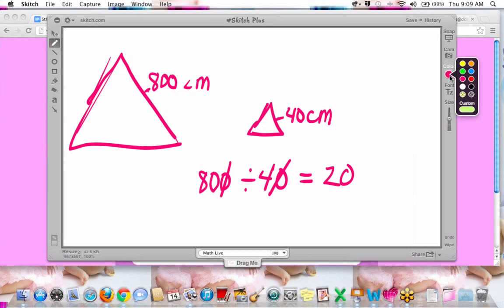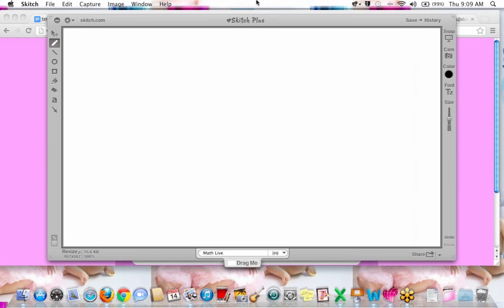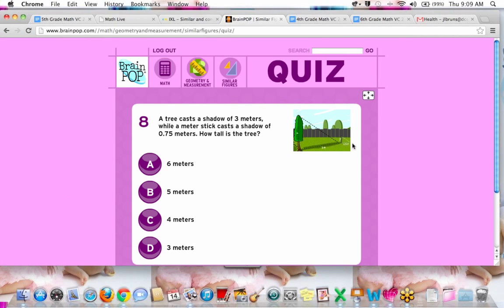Well, it kind of does. What they're asking us for are similar figures. So here's what we know. This tree casts a shadow of 3 meters, while the little stick only casts a shadow of 0.75 meters. But if you go back to the picture, you can see that they're both similar. See how they're the similar angles and all that kind of thing.